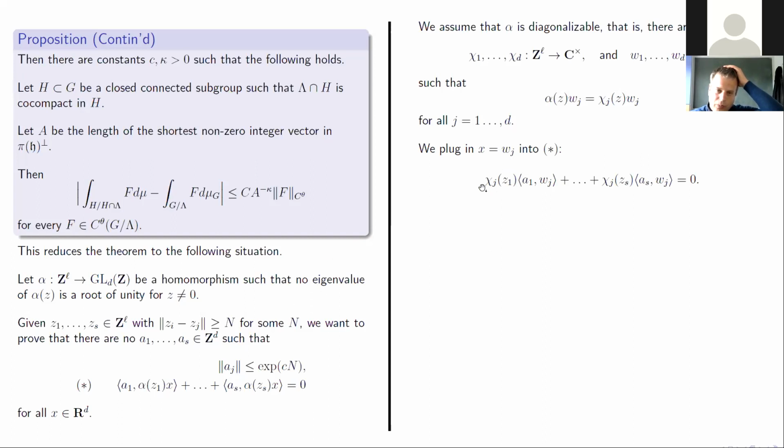So you pull out the chi_j(z), and then you have an equation of this kind: a linear combination of the chi_j(z)'s with these coefficients, where w_j will vanish.